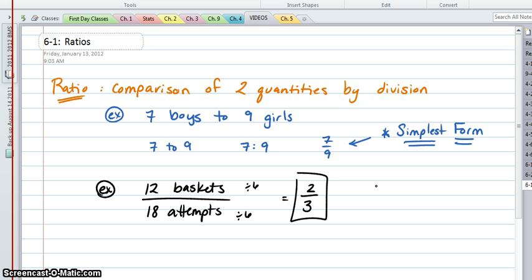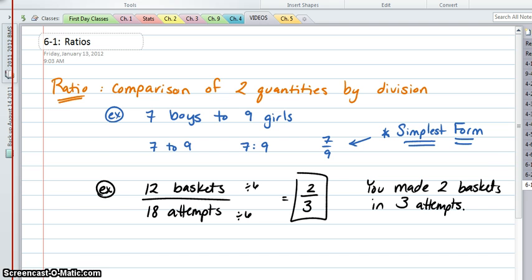Okay, or you can say that you made 2 baskets in 3 attempts. But you don't have to put the labels in the ratio itself because it can become a little bit cumbersome. Okay, so you still need to know what it means, but there we went ahead and simplified, and we do have a ratio of 2 to 3, 2 baskets in every 3 attempts. That's not so bad. So let's take a look at something else.